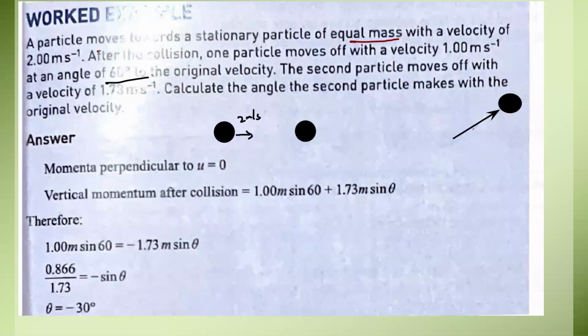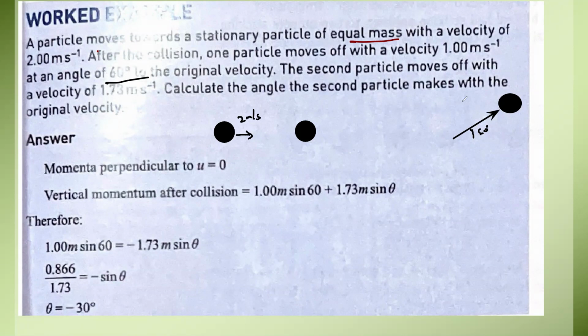So this angle is given, 60. The second particle moves off with a velocity of 1.3.